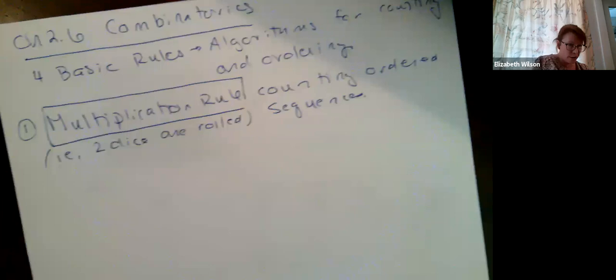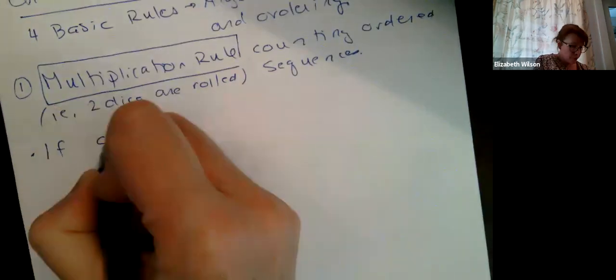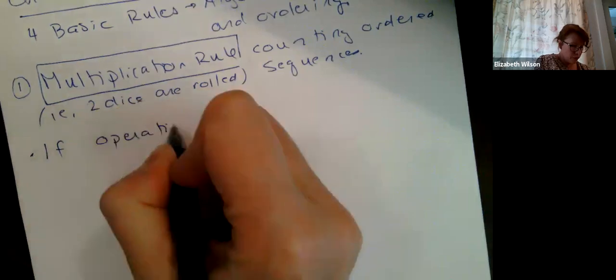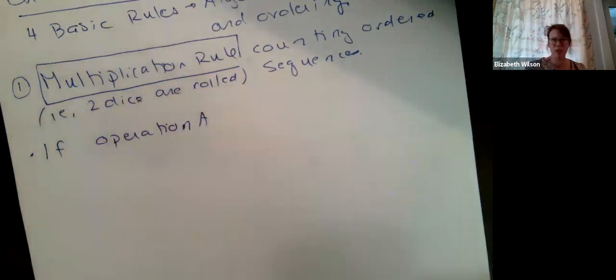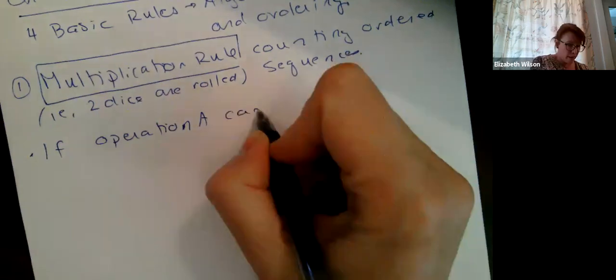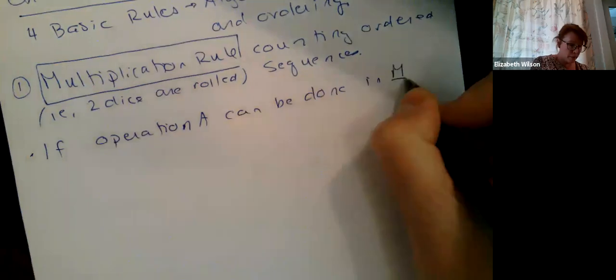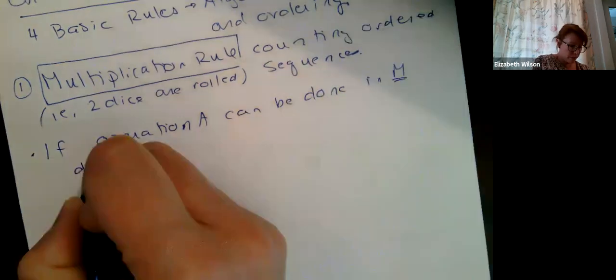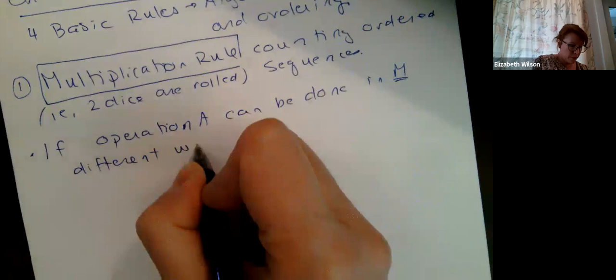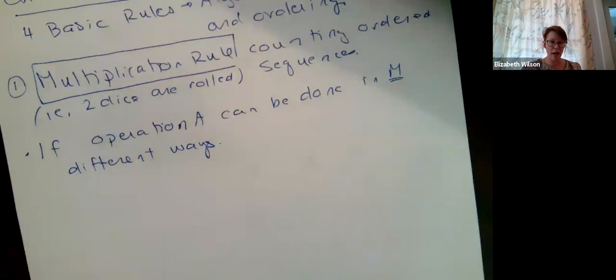Okay, so let's write down our rule and then we'll talk about it. This says if operation A can be done in M different ways. So it's a 6-sided die, my operation A is I'm rolling die 1.